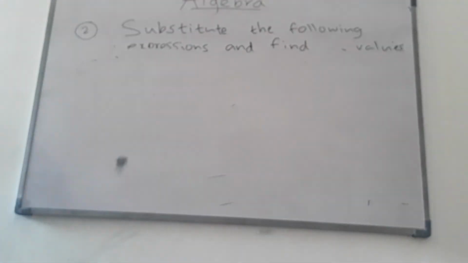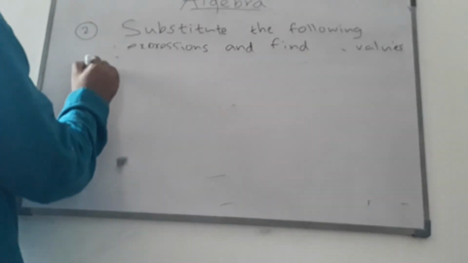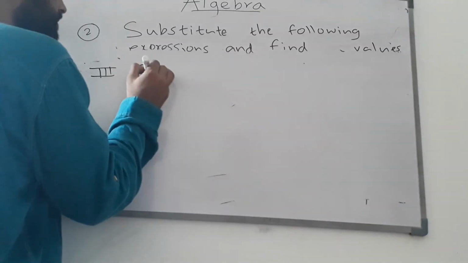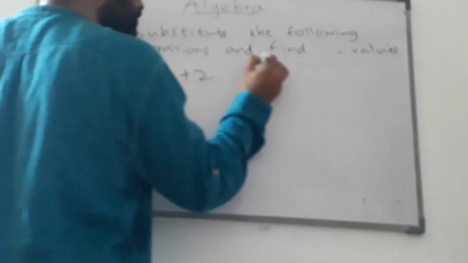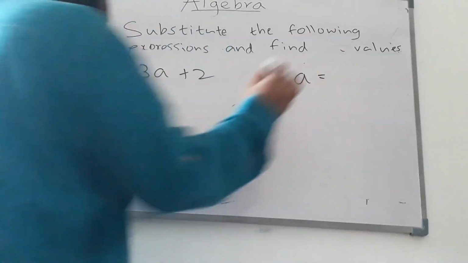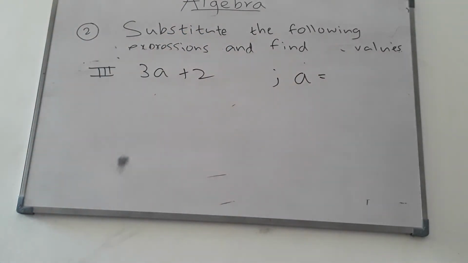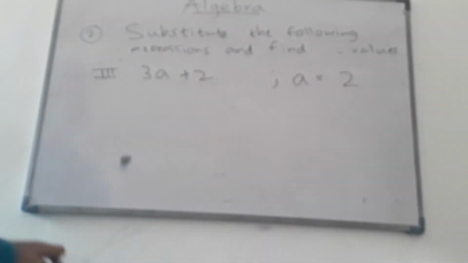Next, third question. 3a plus 2, where a is 2. 3a means 3 times a.